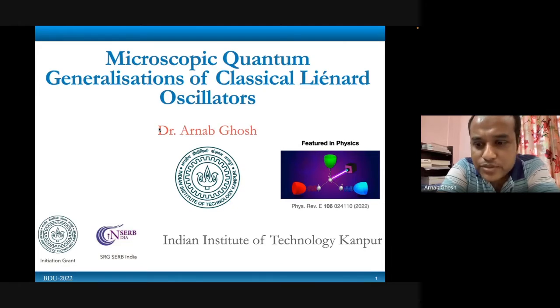And I'm happy to share that one of our recent works has been featured in Physics recently, where we have formulated a system of quantum thermal transistors. And this is the reference, so whoever is interested can look it up.